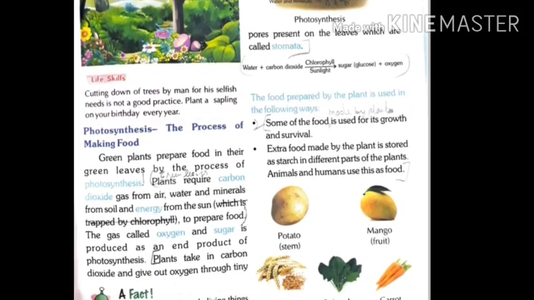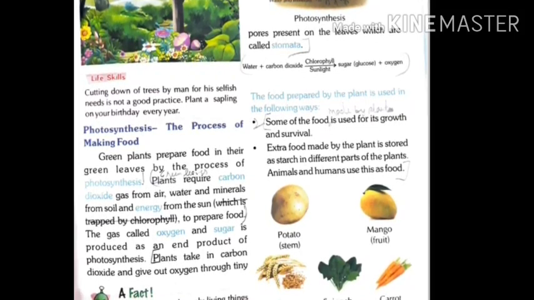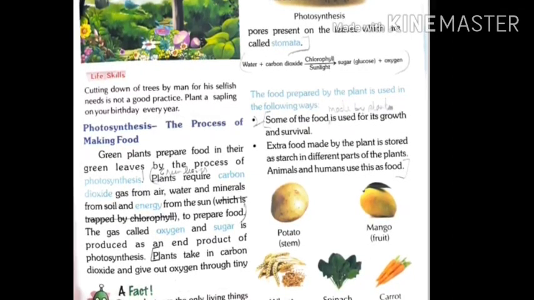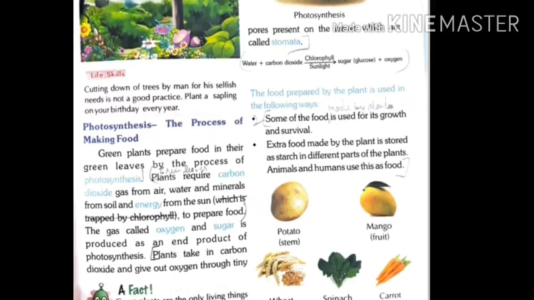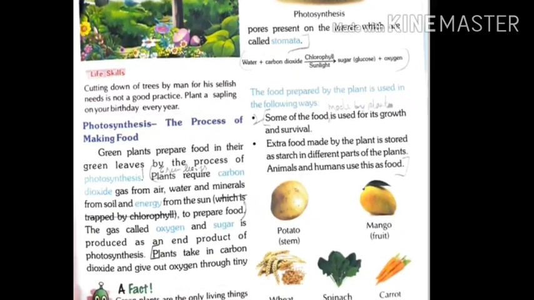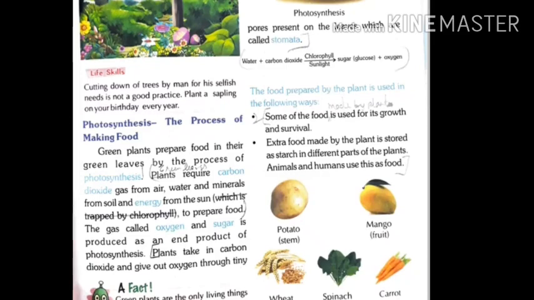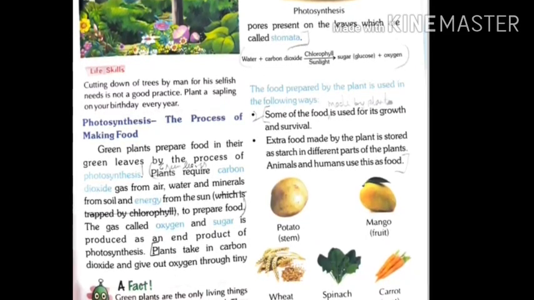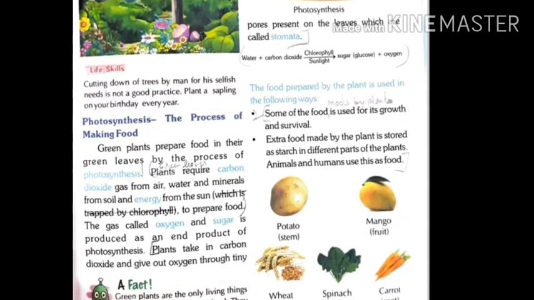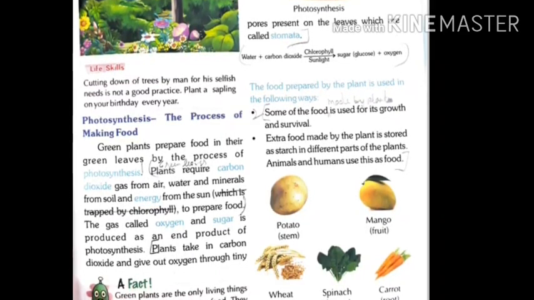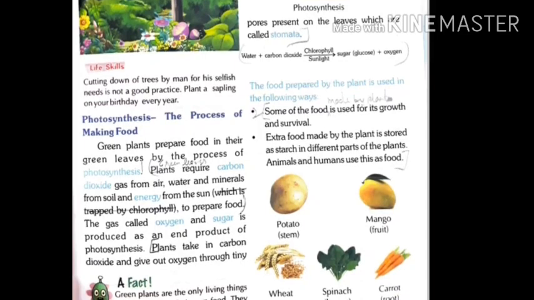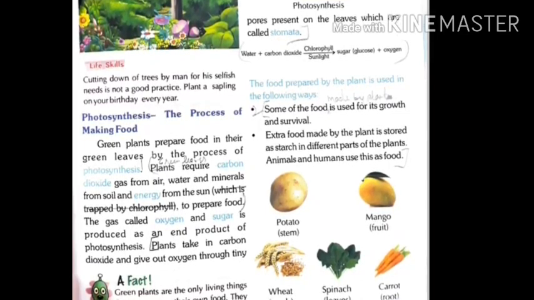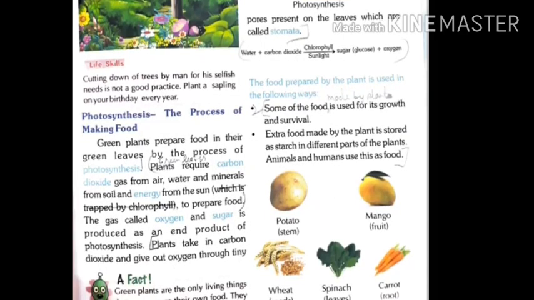Now see the next topic. The food prepared by the plant is used in the following ways. Some of the food is used for its growth and survival. Now the food which is prepared by the plant is used for its growth and survival, and the extra food made by the plant is stored as starch in the different parts of the plants.